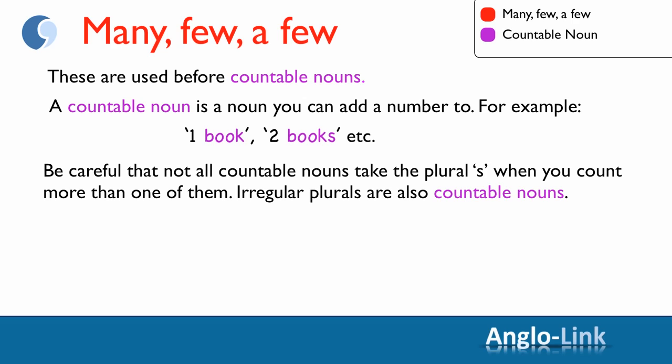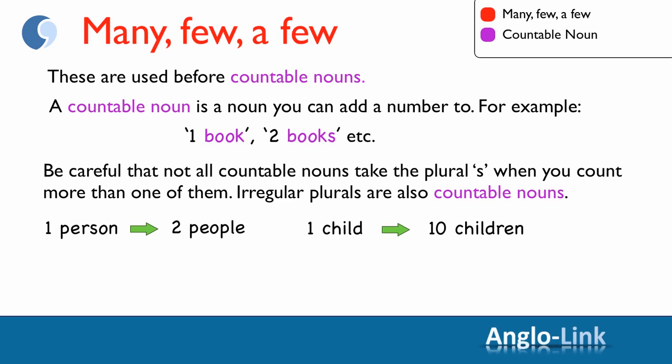There are also irregular plurals, and remember that these are also countable nouns. For example, the plural of person is people. 1 person, 2 people. Or the plural of child is children. 1 child, 10 children.